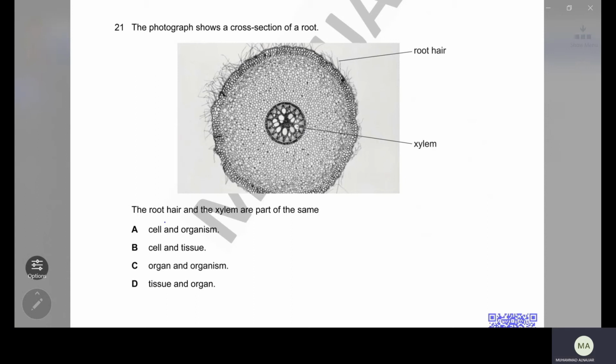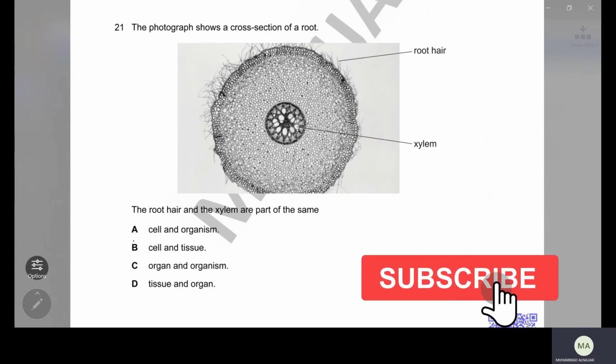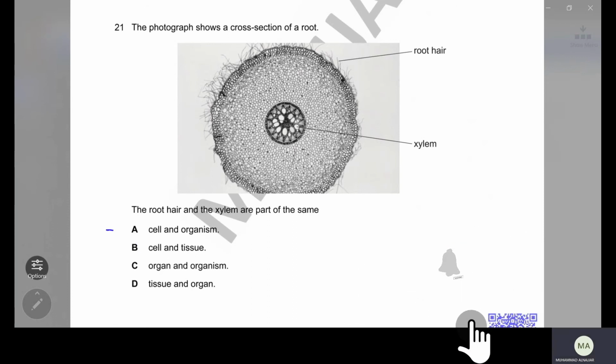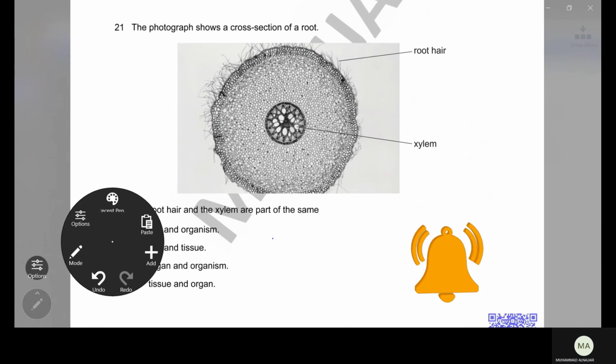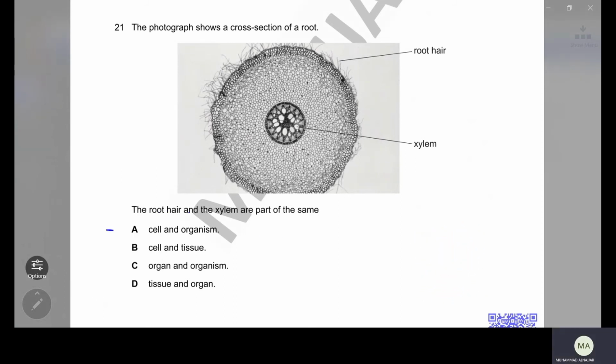Root hair is a cell, so automatically we might go for cell. But here it says the root hair and xylem are part of the same what.